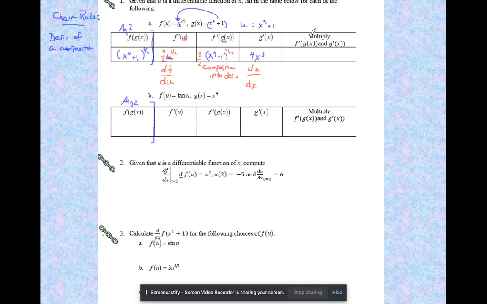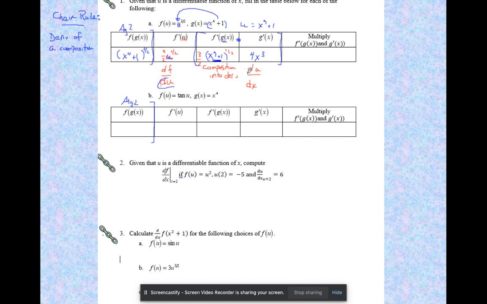Now I want you to multiply these two boxes. The derivative of f with respect to u, after you put in u as x to the fourth plus 1, multiply it times du dx.